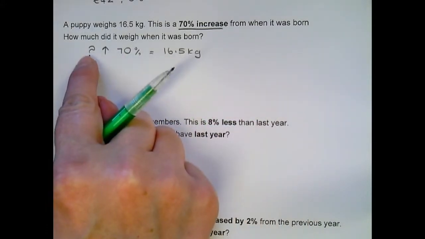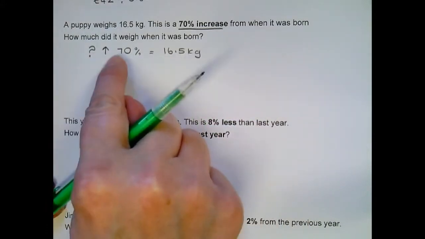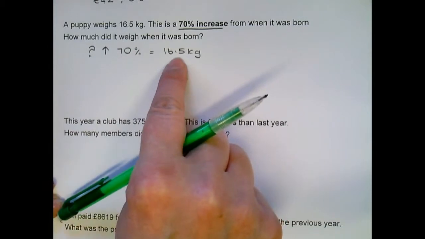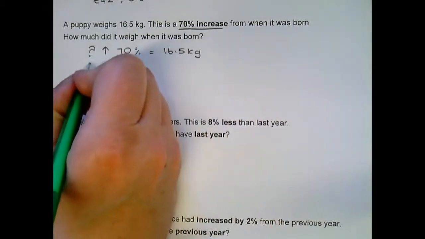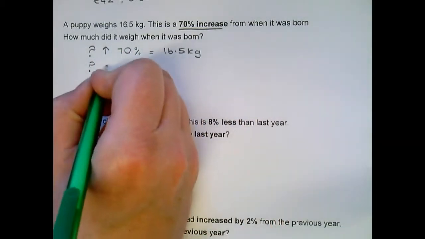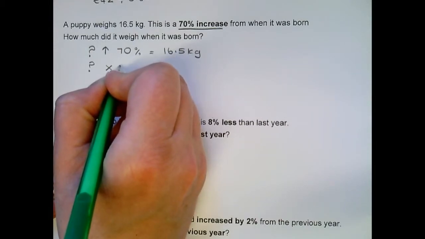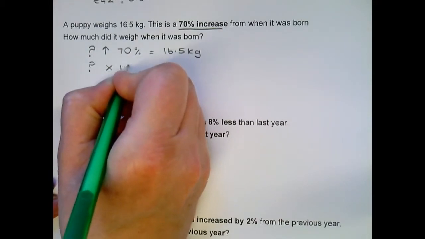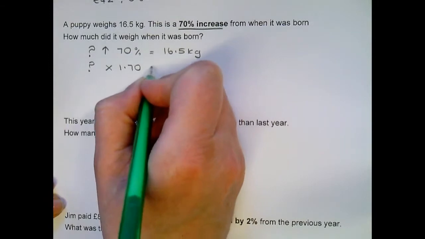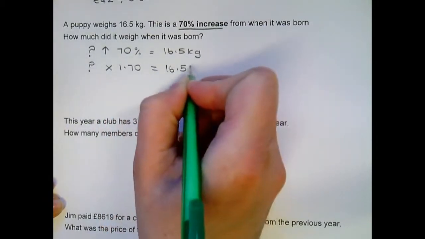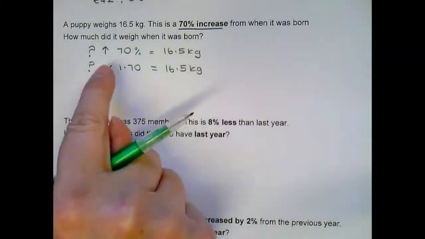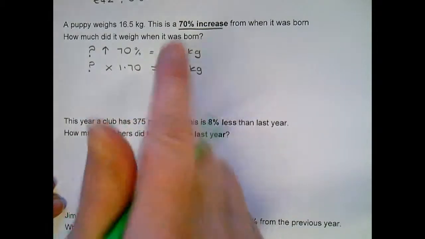So this is the weight whenever it was born, up by 70%, and now it's working out as 16.5. So for you to go up by 70%, you would times by 100 plus 70 is 170, which is 1.70. So multiplying by 1.70 gets you this weight.